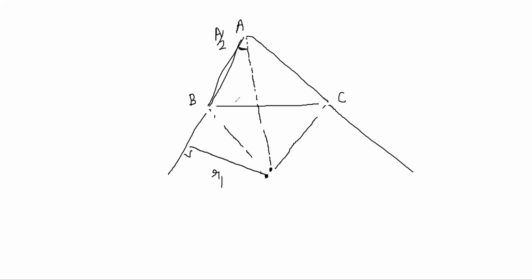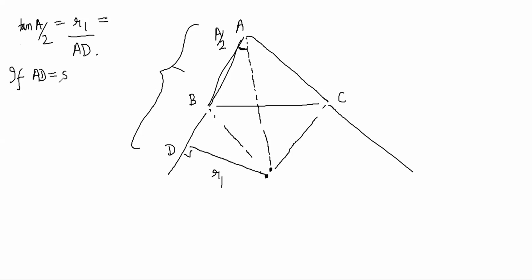So what is tan(A/2)? Tan(A/2) is R1 by this distance, R1 by AD. We have to find the AD distance, okay? That is our job. What I want to prove is that this AD distance is equal to the semi-perimeter. Then the formula that we wrote, S tan(A/2), is correct, right? Prove that AD is the semi-perimeter. If AD is equal to S, then S tan(A/2) is equal to R1, no?